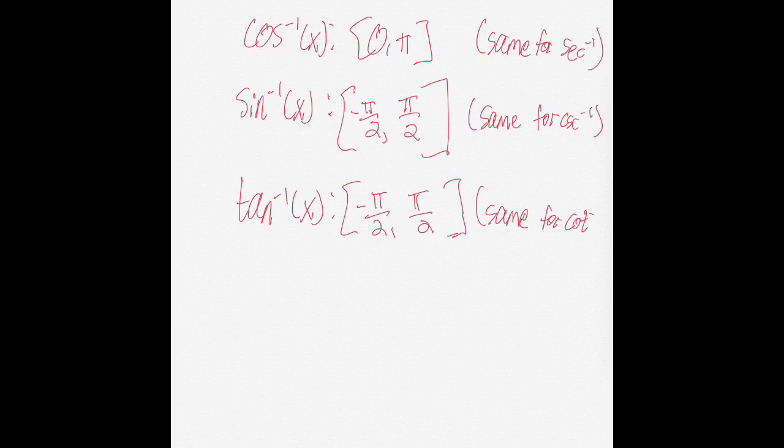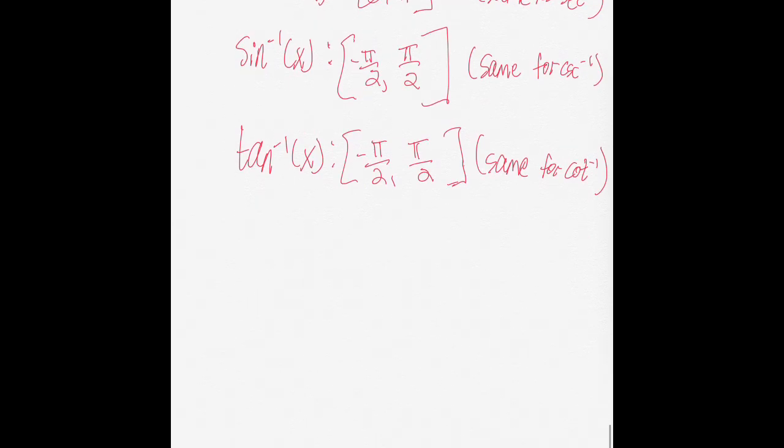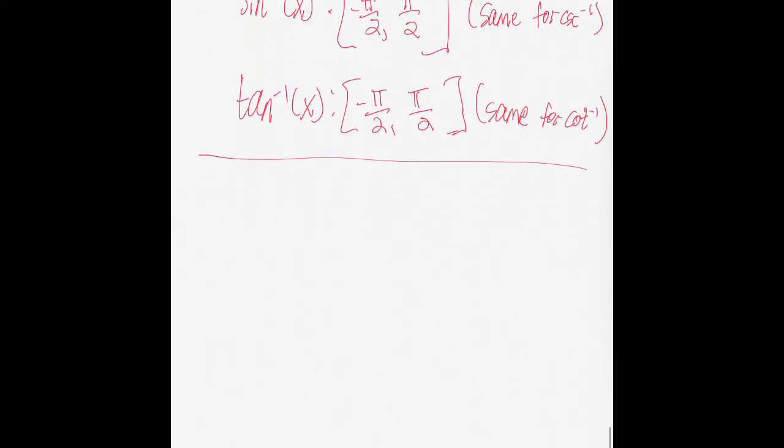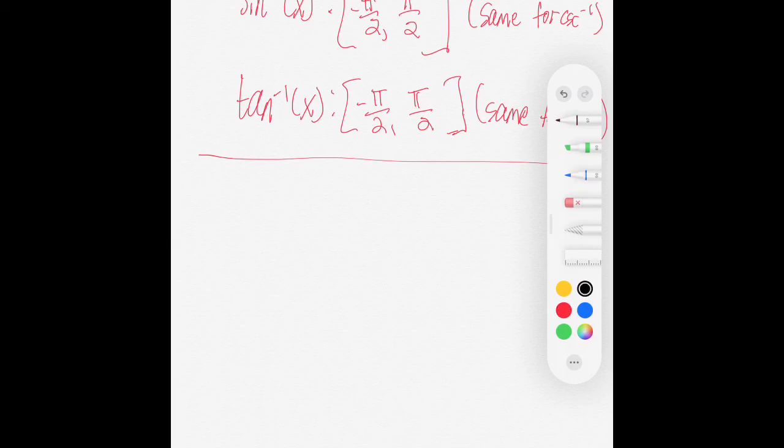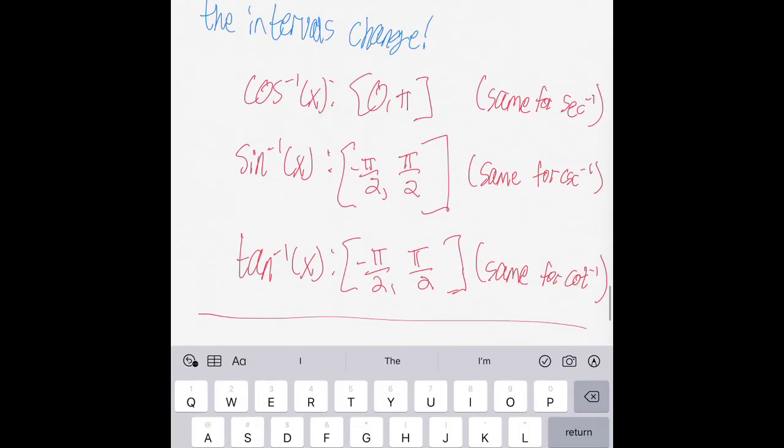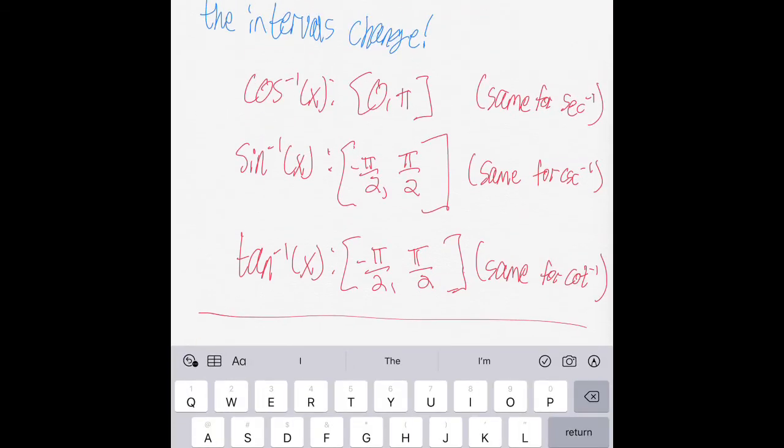Same for cosecant inverse, and yes, that is the same. I was confusing cosecant and arcsine. I was confusing myself on the thing I just told you not to get confused on. That's why I warned you about it, because this stuff is tricky.